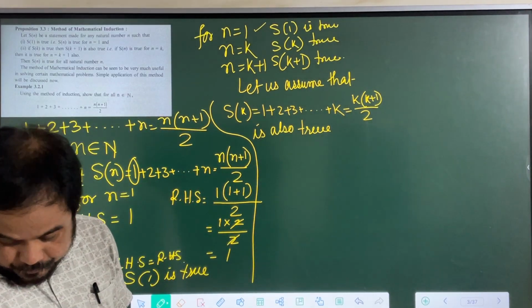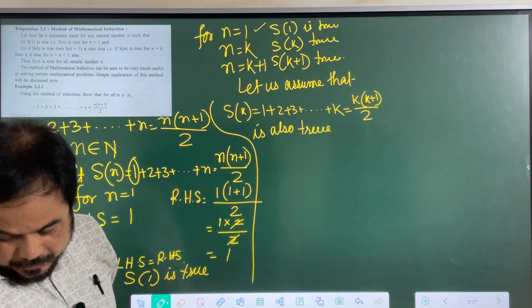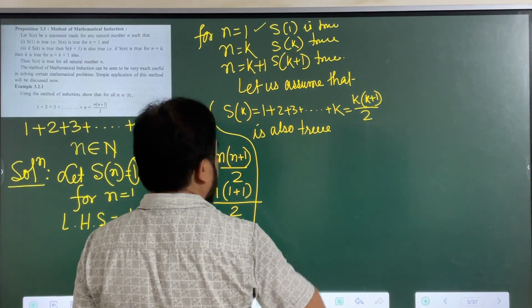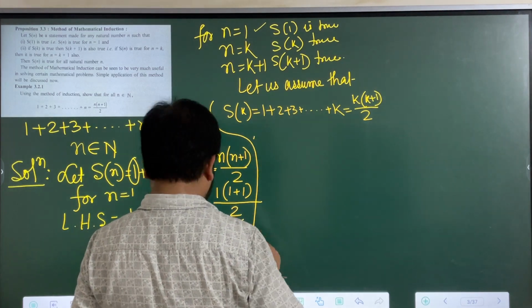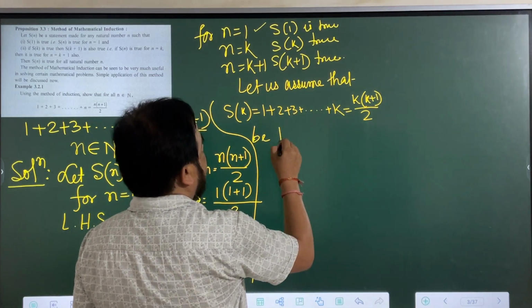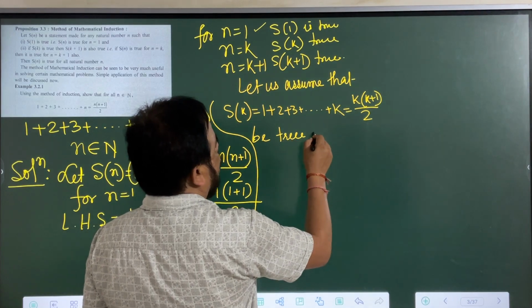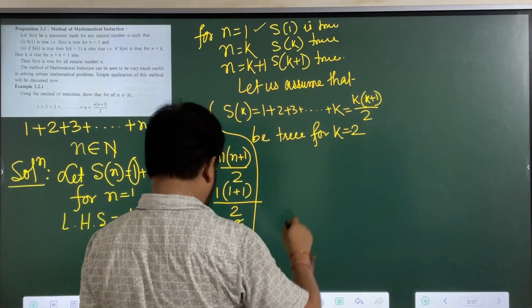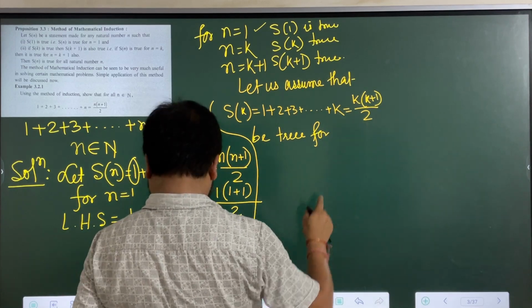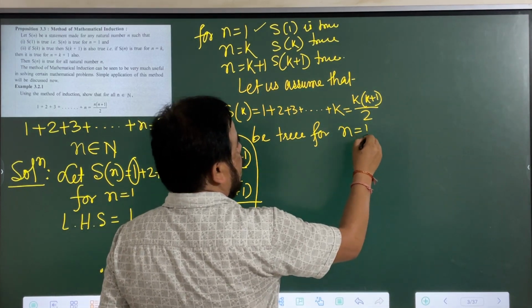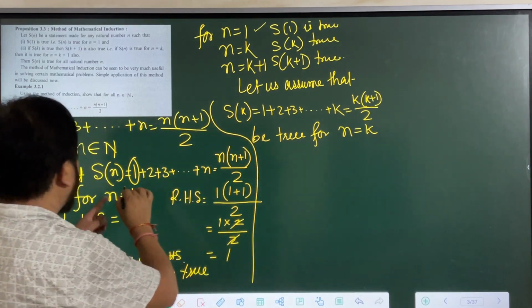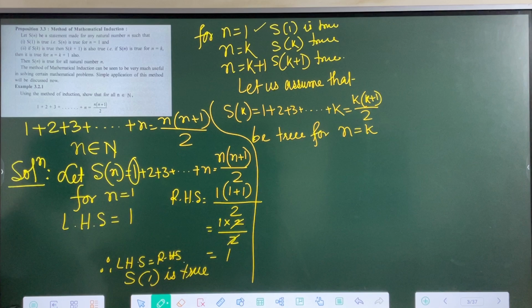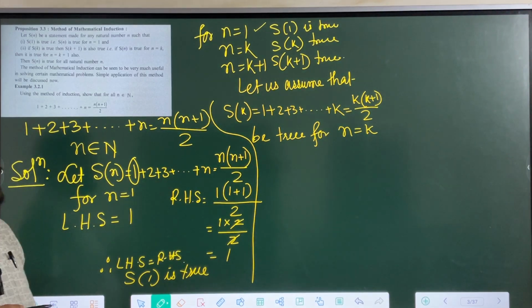We assume it to be true for n equals k. In place of n we have written k now.